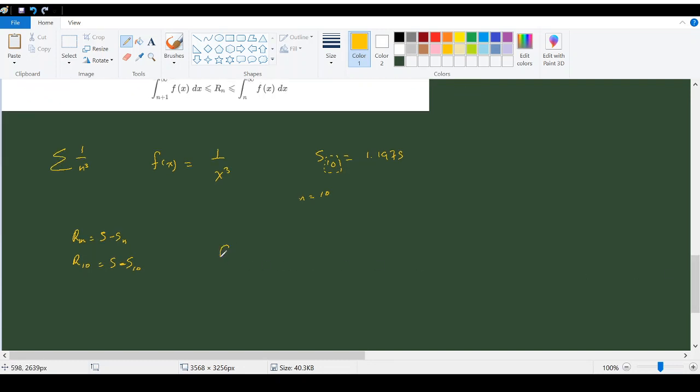You will have the integral from n plus 1, which is 11, to infinity of f(x) dx, and the other from 10 up to infinity.